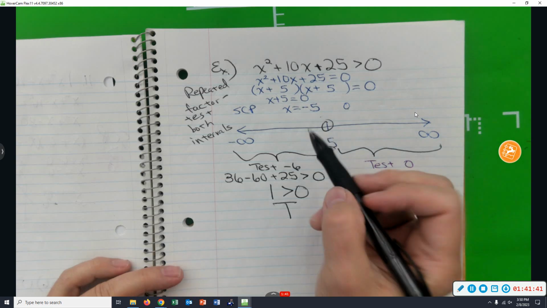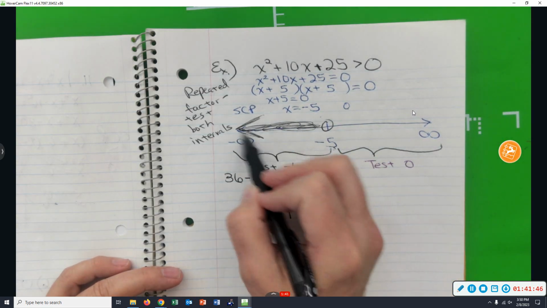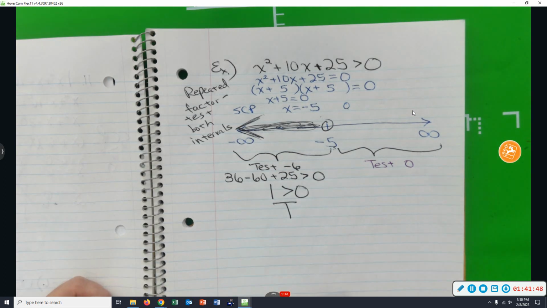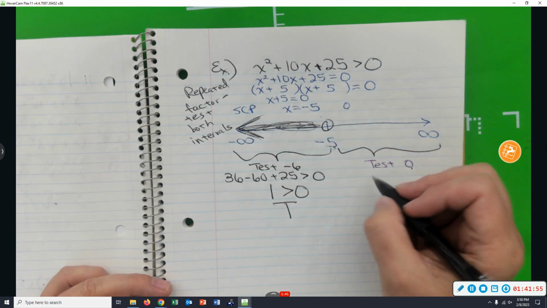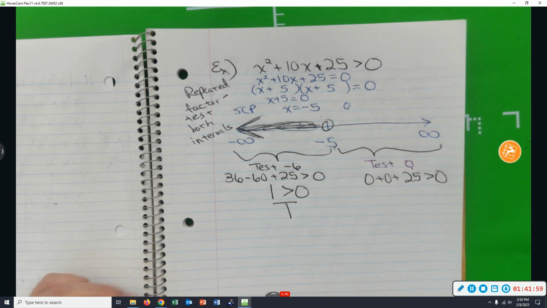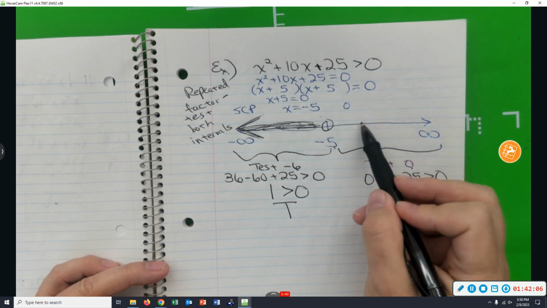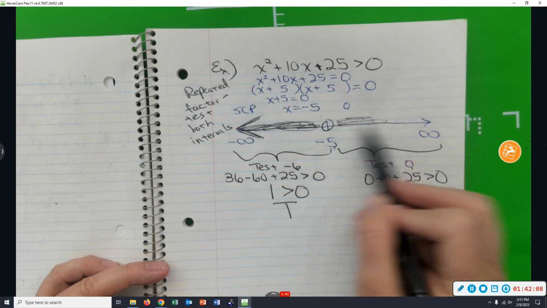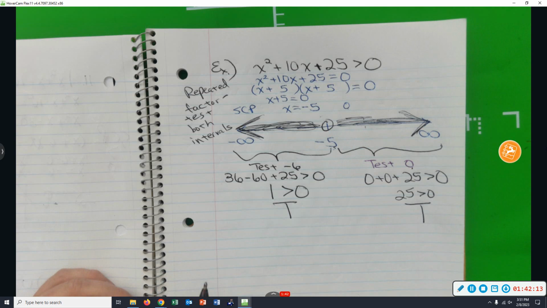So shade. What if we test 0? 0 plus 0 plus 25 is greater than 0. True or false? True. 25 is greater than 0. So what are we going to do here? Shade as well. We had 2 consecutive true intervals.